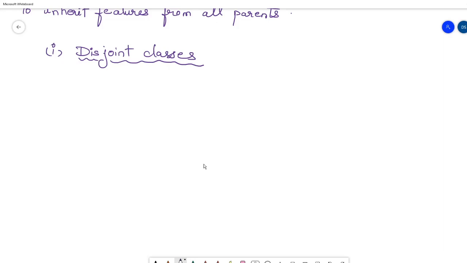First I'll make a diagram so that it becomes easy for us. So what is the meaning of disjoint classes? We can say that classes are said to be disjoint when there is no instance that belongs to both of these classes at a time.